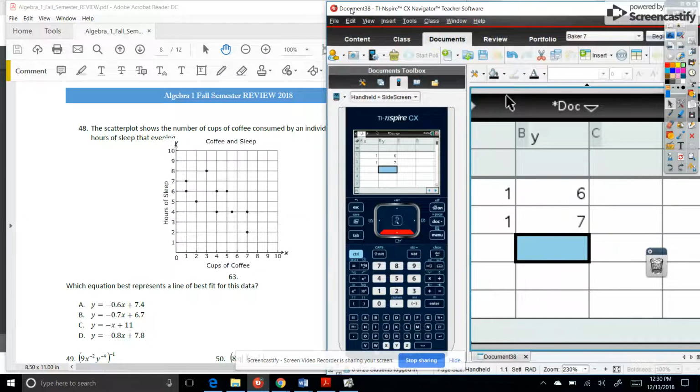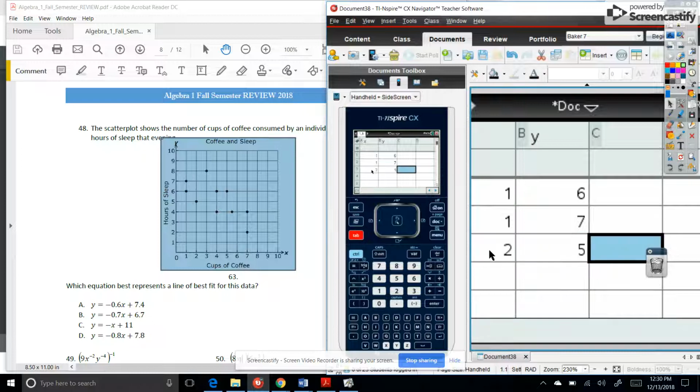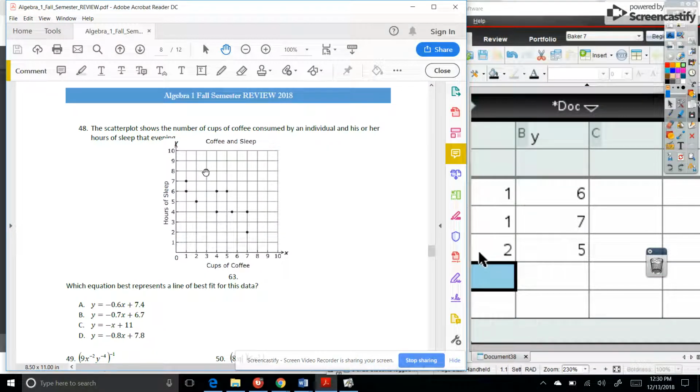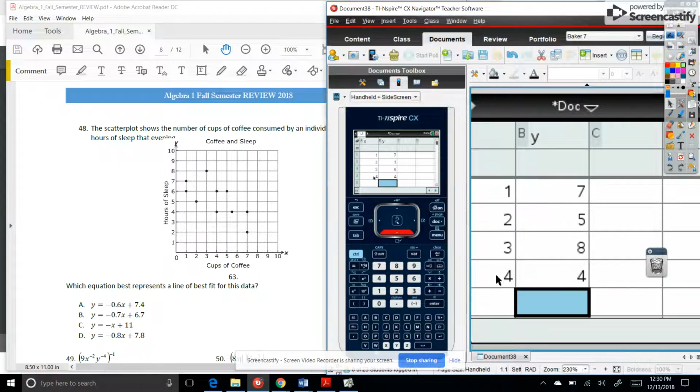Then we have 2, 5. Then we have 3, 8, 4, 4, and 4, 6.